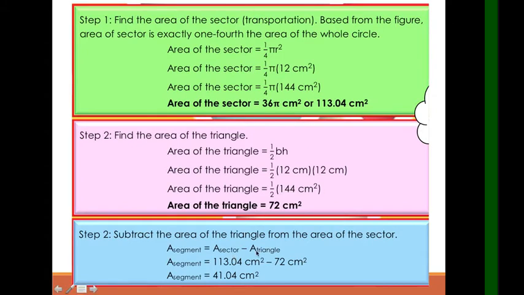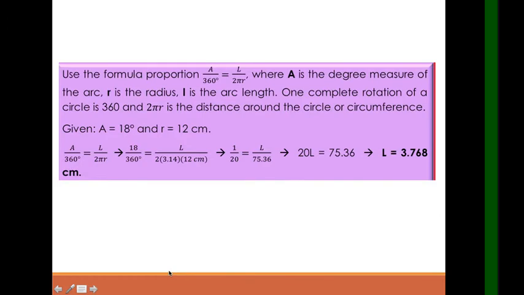So, area of a sector minus area of a triangle is equal to 113.04 squared centimeter minus 72 squared centimeter. The answer is 41.04 squared centimeter. That's the area of the segment. And then, use the formula proportion A over 360 is equal to L over 2 pi r, where A is the degree measure of an arc, r is the radius, and L is the arc length.